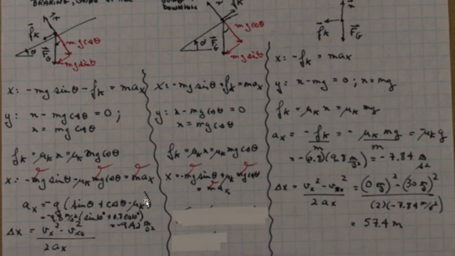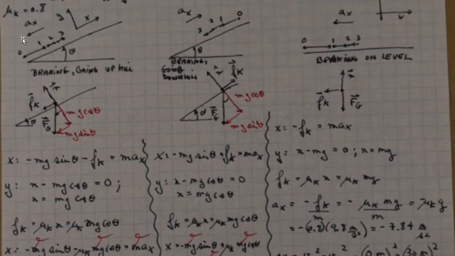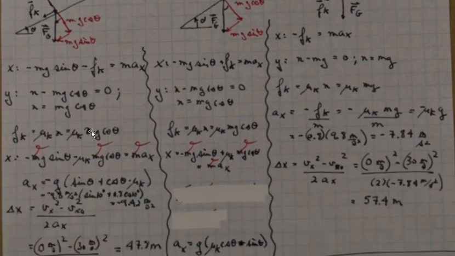If I plug in the numbers, 10 degrees for theta, 0.8 for mu sub k, I get an a sub x of minus 9.42 meters per second per second. Again, the negative meaning that it is pointing down the slope in the negative x direction.